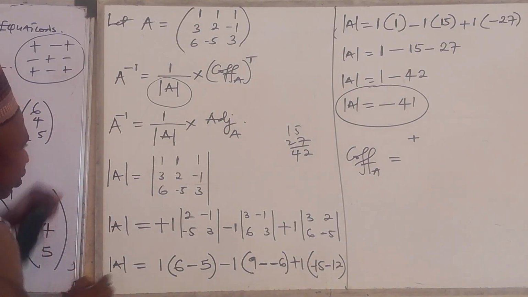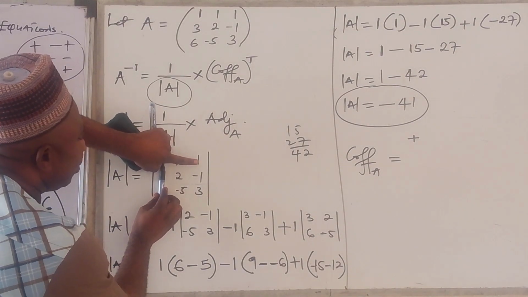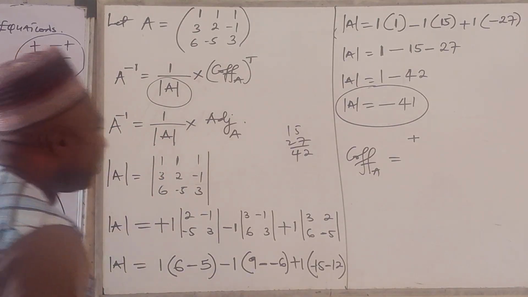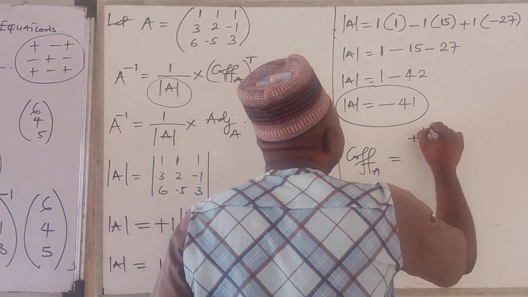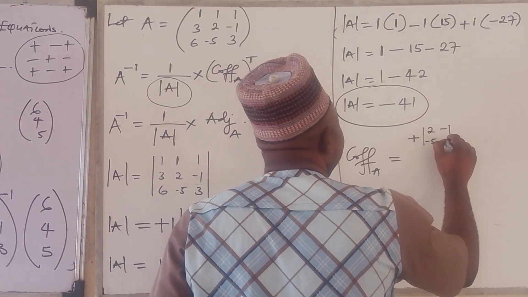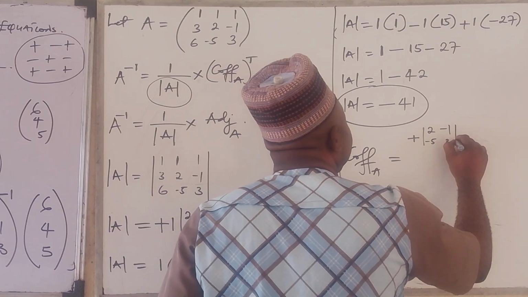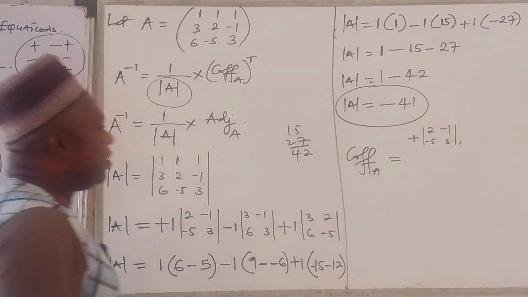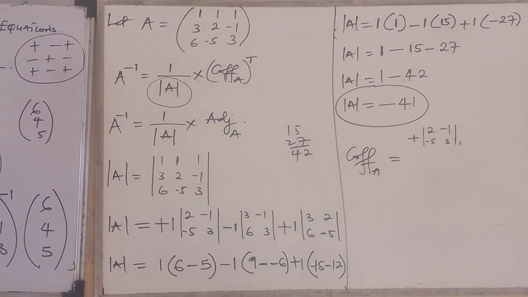So now, you close the 1 in the column, you close it in the row. We have 2, minus 1, minus 5, 3. That's for the first one. I'm using commas to separate the elements; it's not a chain like that of determinants. Now the next one is just minus.